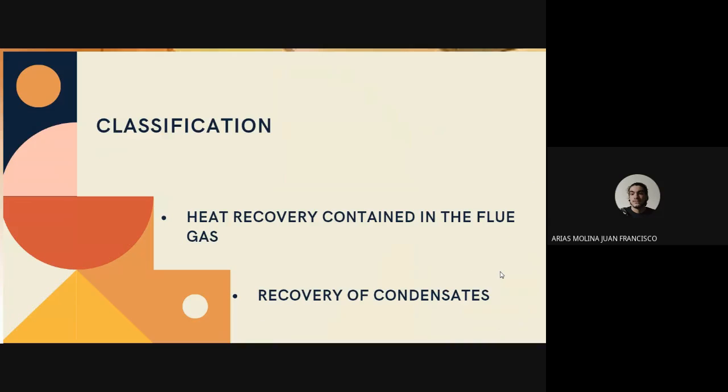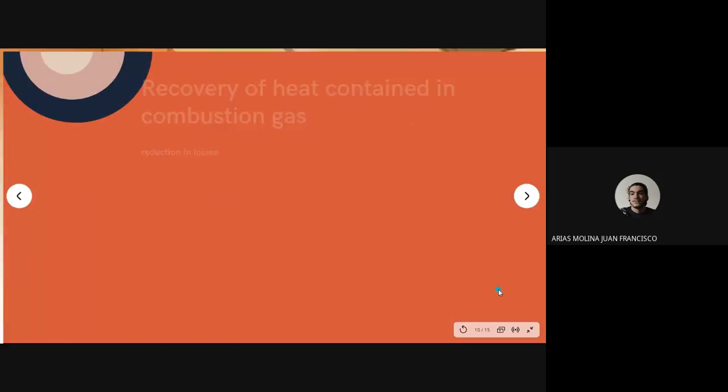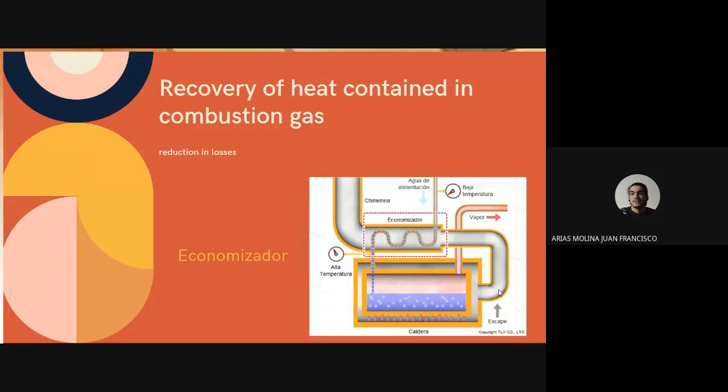Hello, I am going to explain the classification of the residual or waste heat recovery boilers. The physical principles of the technology of heat recovery from the products of combustion of boilers are described in detail in the specific manuals of the subject.